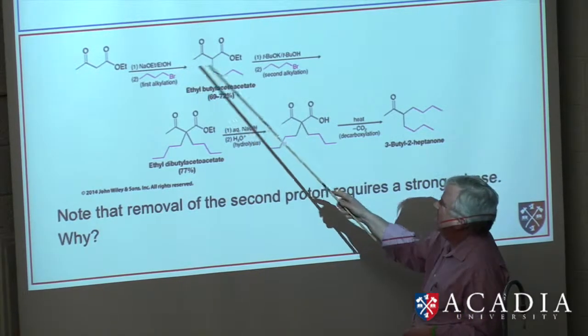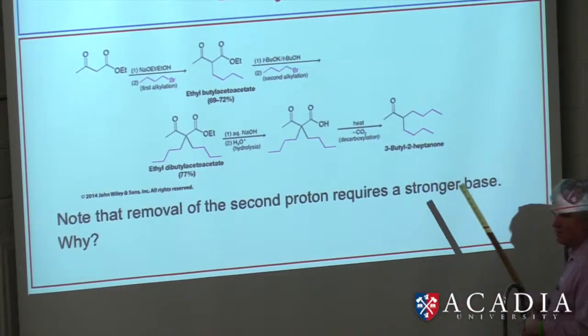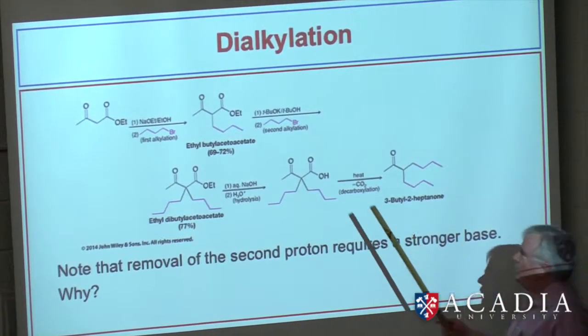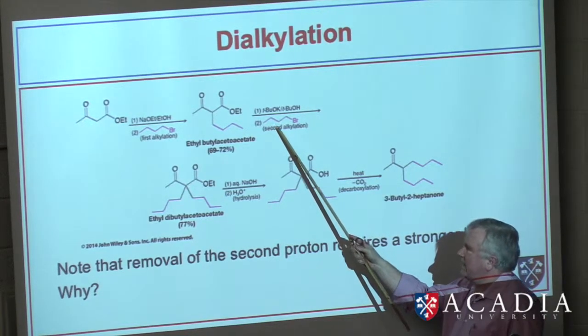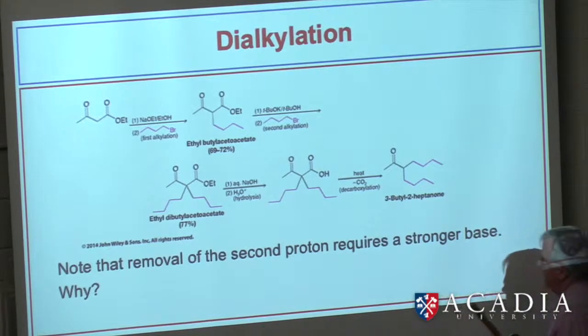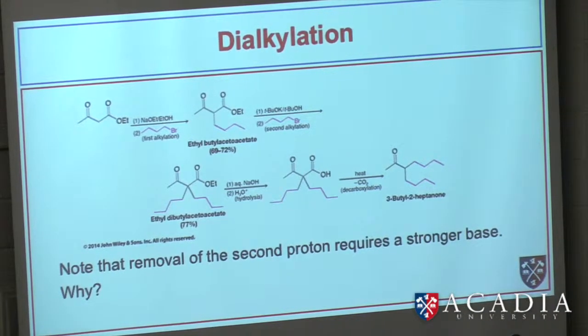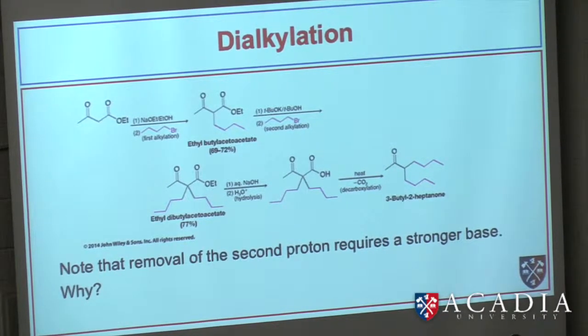And instead of the ethoxide, we will use t-butoxide, and that's a stronger base and easily pulls that proton off. The equilibrium lies on the side of the enolate. We can then throw in our second electrophile and do another alkyl substitution. And then we can follow it up in the same manner to quench, hydrolyze, quench, decarboxylate.